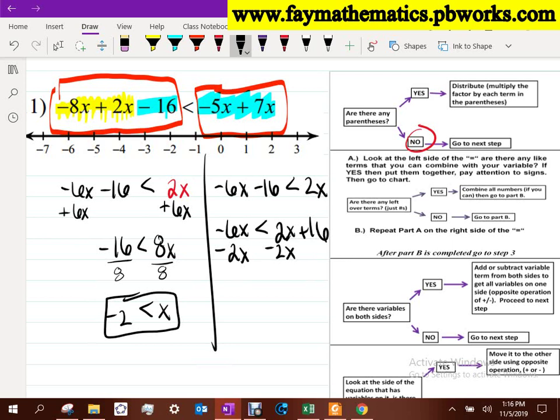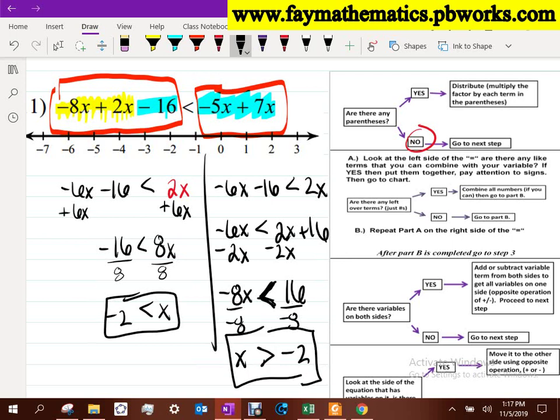If I have negative 6x minus 2x, though, it's really negative 8x, isn't it? And that gives me 16. So now divide by negative 8. So it's going to give me negative 2 again, right? But when I divide by a negative, what happens to that inequality sign? It flips. So is that statement the same as that one? Yeah. Okay.